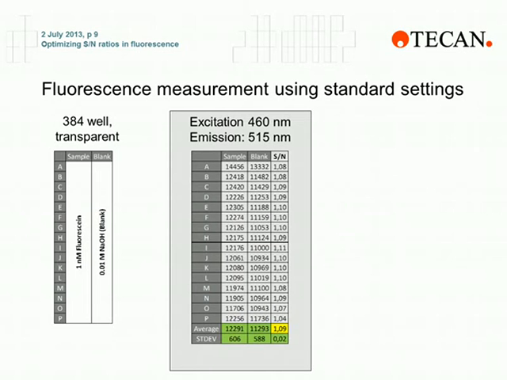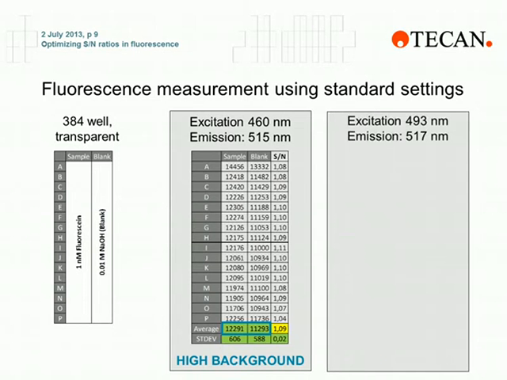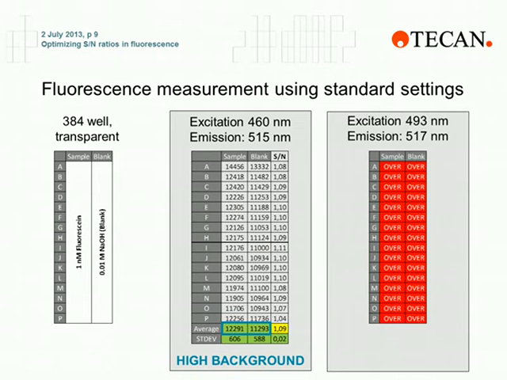What I found is that with those settings, we have equally high signal as we have blank values, which results in a signal-to-noise ratio of 1.9. For the measurement settings from the fluorescence microscope producer, we get over values. Over is another rare scenario for fluorescence measurements, since this stands for oversaturation.